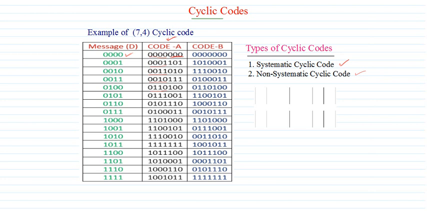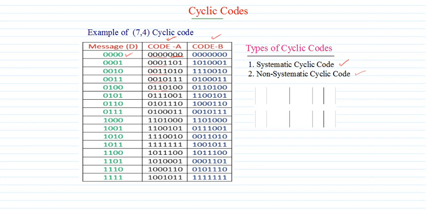Whereas code B we have also verified as a cyclic code, but it is a non-systematic cyclic code, because here we cannot distinguish between the message sequence and the redundant sequence. There is a major difference between a systematic cyclic code and a non-systematic cyclic code. Observe here, you cannot differentiate the message and the code vectors. 1010001 is there, here 0001 is there.